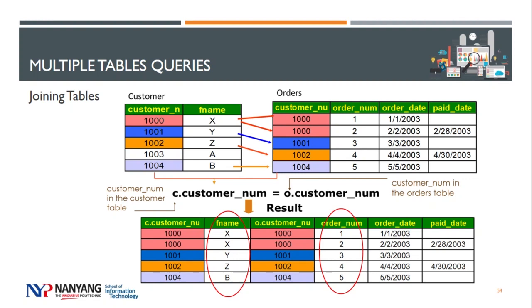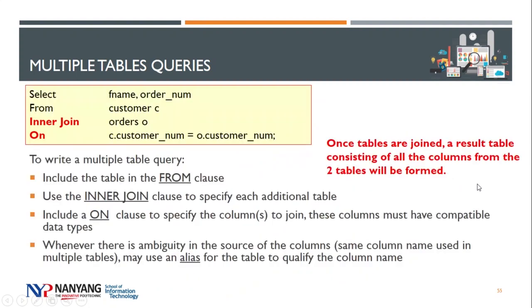So this is an example of an inner join, where we join them according to the customer numbers. This is how we do an inner join. First thing, we must include the table from.